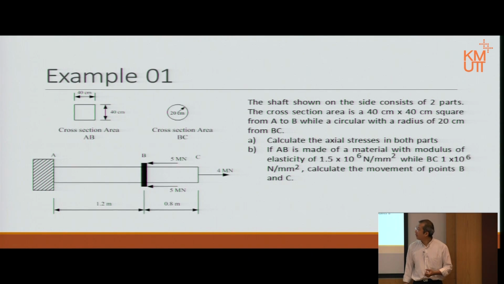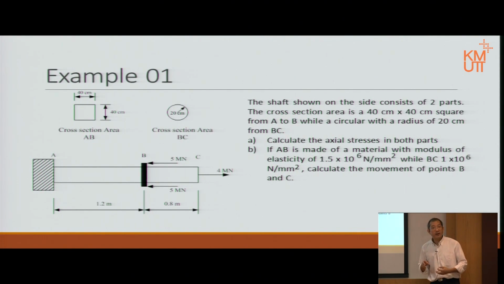Now, let's look at the equation. Let's say we have a piece of material, just to make it a little bit thinking. This piece of material from A, B, C. Two parts, A, B, and B, C, basically. From A to B, the cross-section type was shown. B to C, a different cross-section area, also shown.